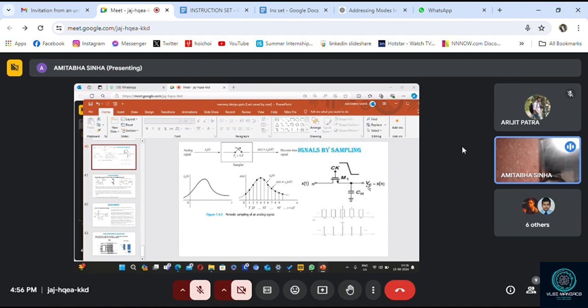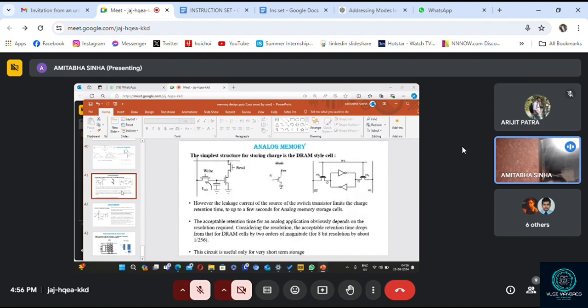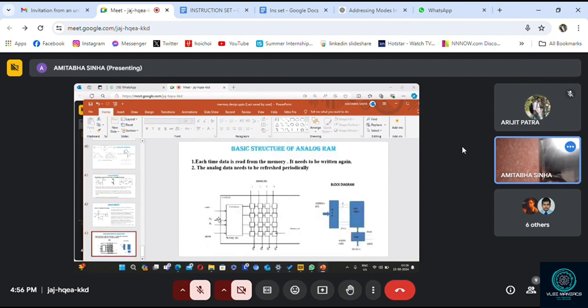After that, V0 is connected to this cell, and this cell will store one sample in this capacitor. That's simple.